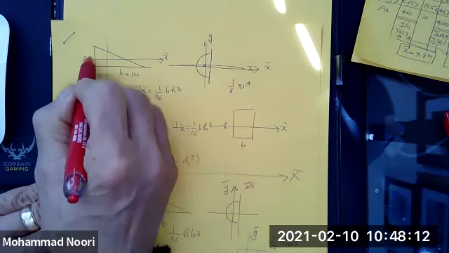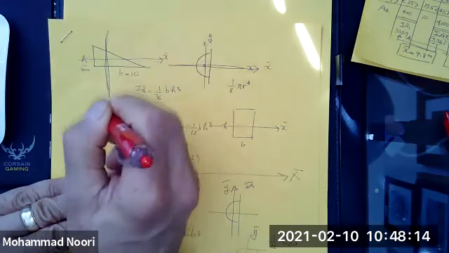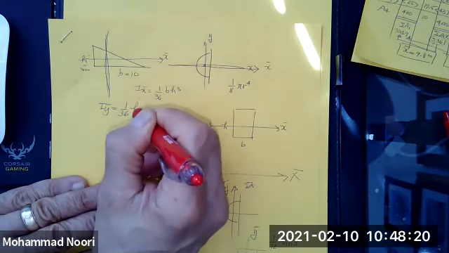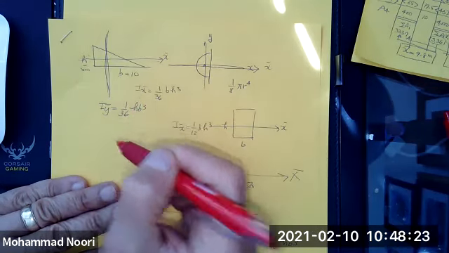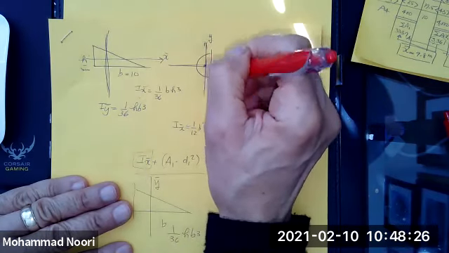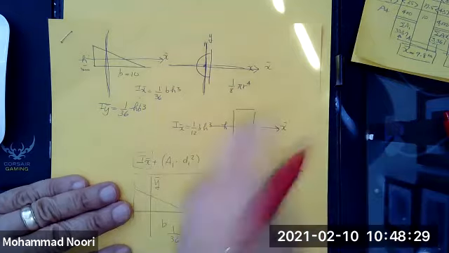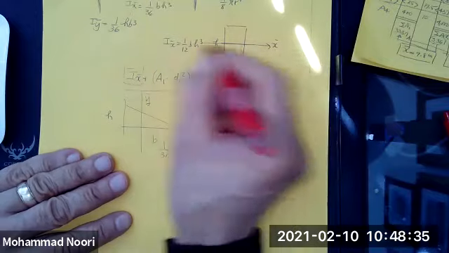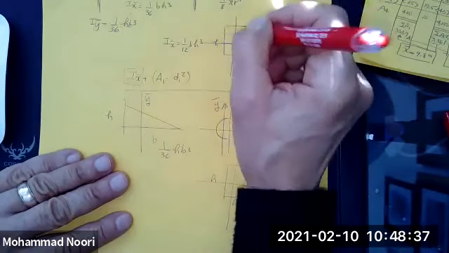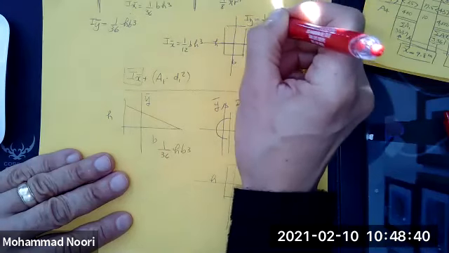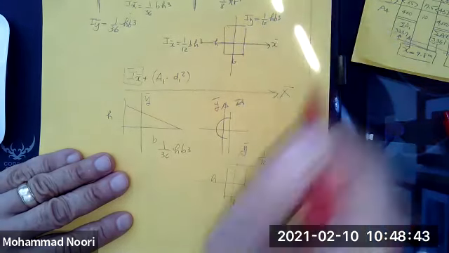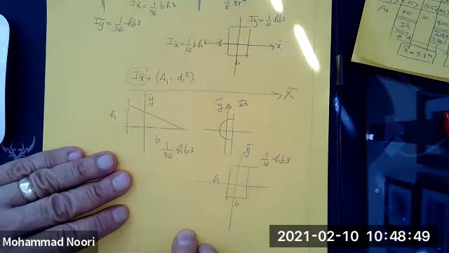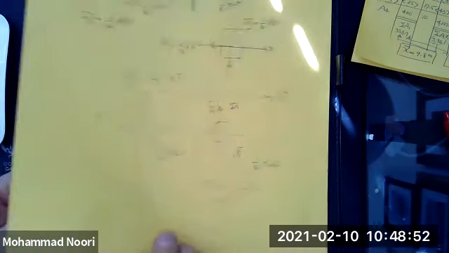If this is B, this is H, the moment of inertia about this axis would be 1/36 of HB cubed. The moment of inertia about this one would be different, it's tabulated, I don't have it here. So for a rectangle, BH cubed over 12 is the moment about the x-axis, but about its y-axis it would be 1/12 of HB cubed, right? So that's what we were doing, and those are what are tabulated.